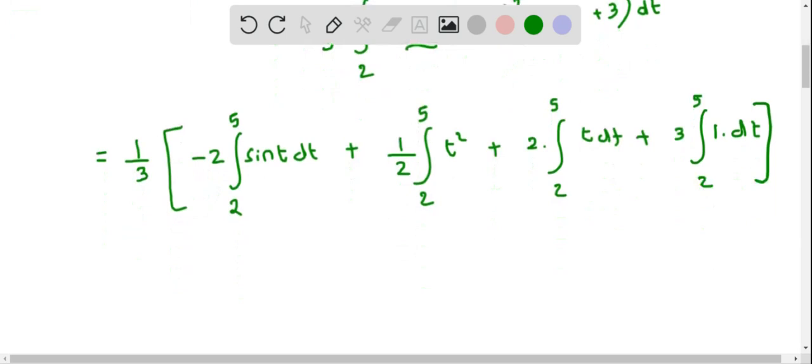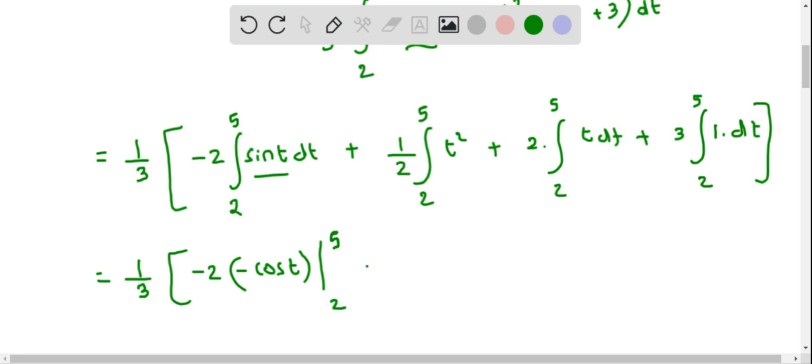Let's evaluate each of these different integrals. And so this equals 1 by 3 times negative 2. Antiderivative of sine t is basically negative cosine t, and this must be evaluated from 2 to 5. Plus we then have 1 by 2 times, here we have dt.